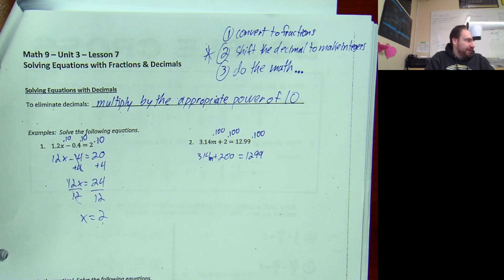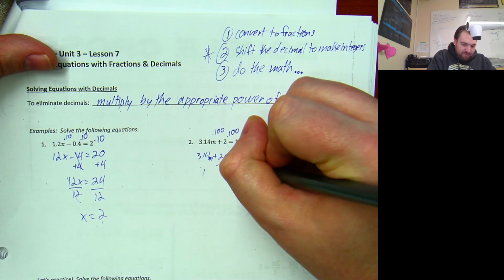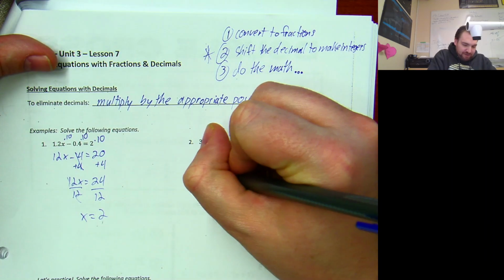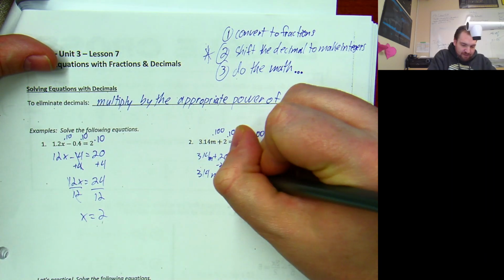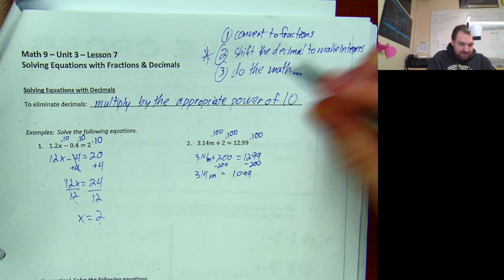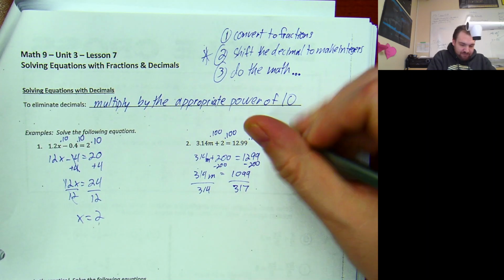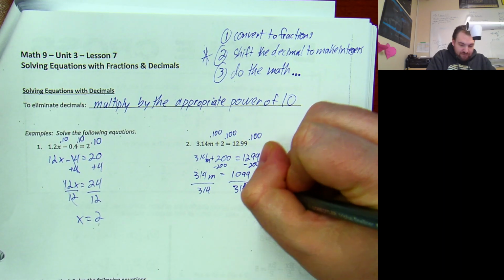And now we just go from there. I'm going to subtract 200 on both sides. That's going to be 314m equals 1,099. Divide by 314 on both sides.